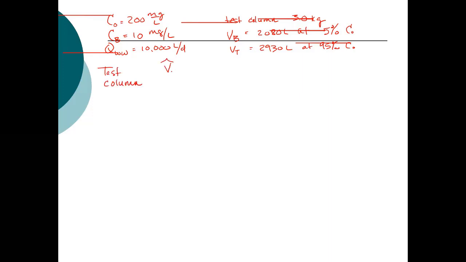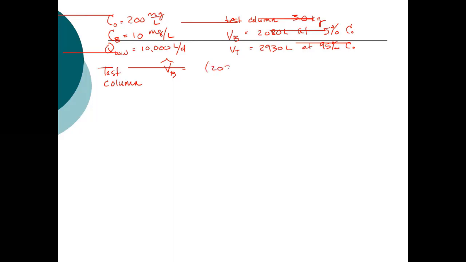I'll use the V hat to distinguish between the volume that we have in the test column and the volume we have in the design column. So V hat B is the volume that we treat per kilogram of carbon to breakthrough. Okay.